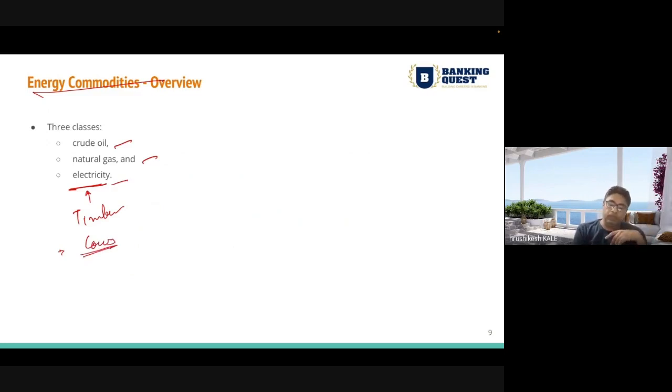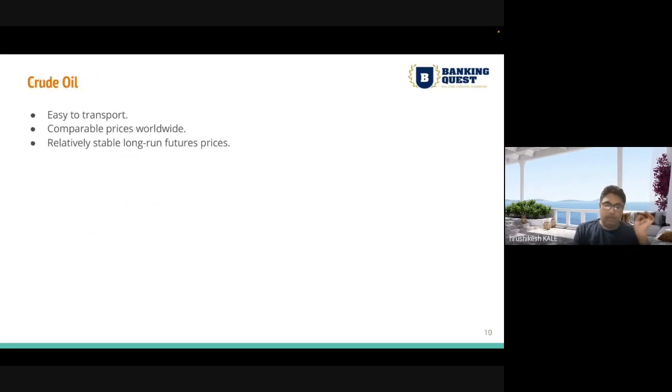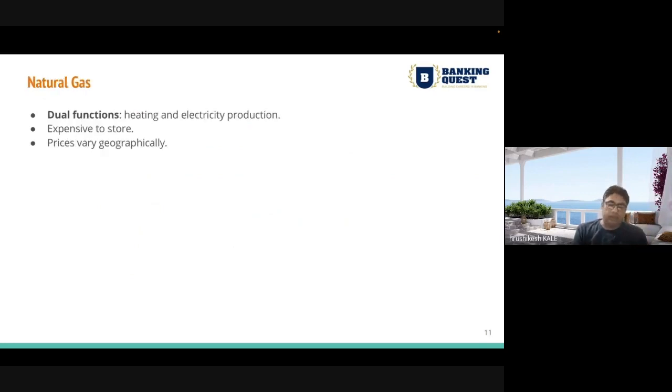In India, we just have crude oil and natural gas. Crude oil is easy to transport, has comparable prices worldwide, and relatively stable long-term future prices. Natural gas is used for heating and electricity production. It is very expensive to store and therefore prices change geographically.